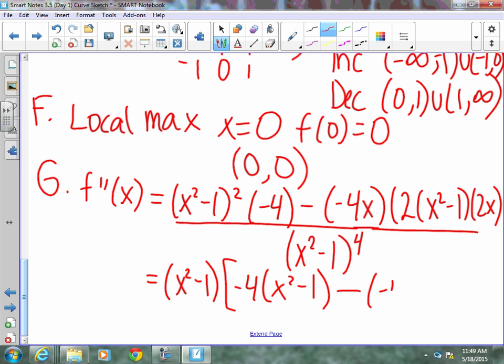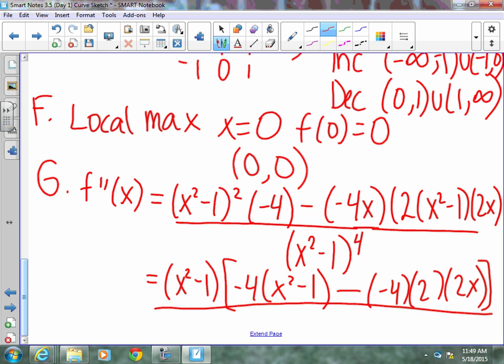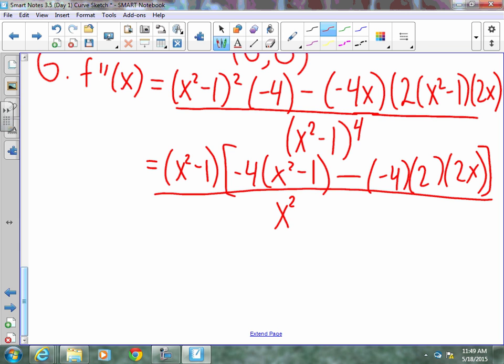And it leaves me with negative 4x times 2 times 2x in the top. And we've got x squared minus 1 to the 4th remaining in the denominator. Now these can cancel. Change it to the 3rd, and let's simplify what's at the top.